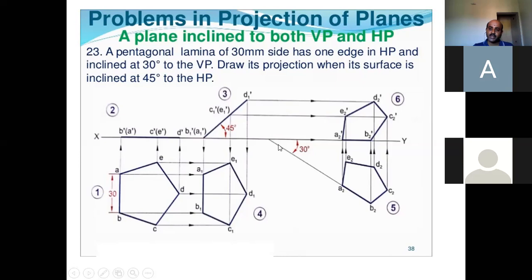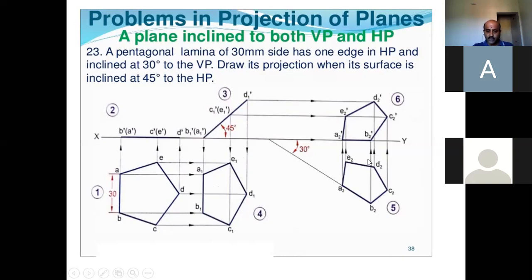This is the beginning of the third position. In the third position, it says the edge is inclined 30 degrees to VP. So draw a line at 30 degrees. Next, measure A1 and B1.